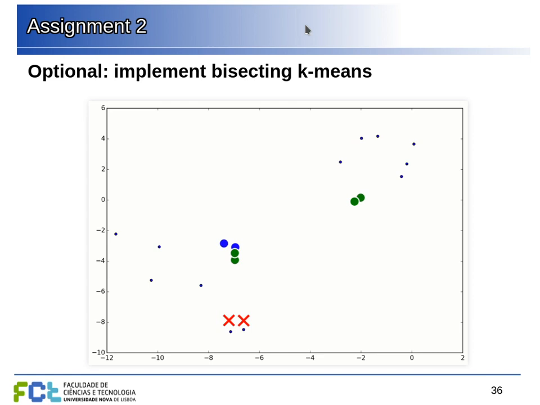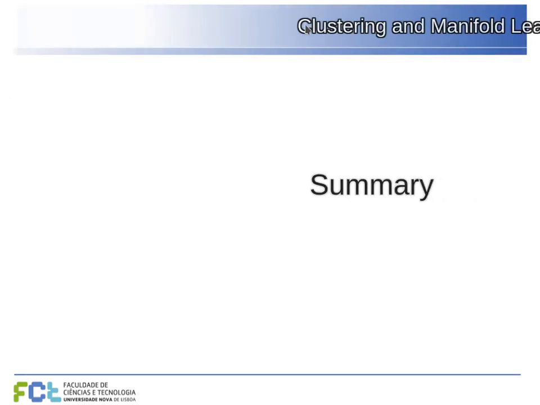You just need to create the data structure specifying that tree for the clusters. If you follow the instructions there, you can also generate the HTML with the results for this. But this is an optional part because it takes a lot of work in proportion to how much it's worth on the grade relative to the rest of the assignment. So don't do this before you complete the rest of the assignment.